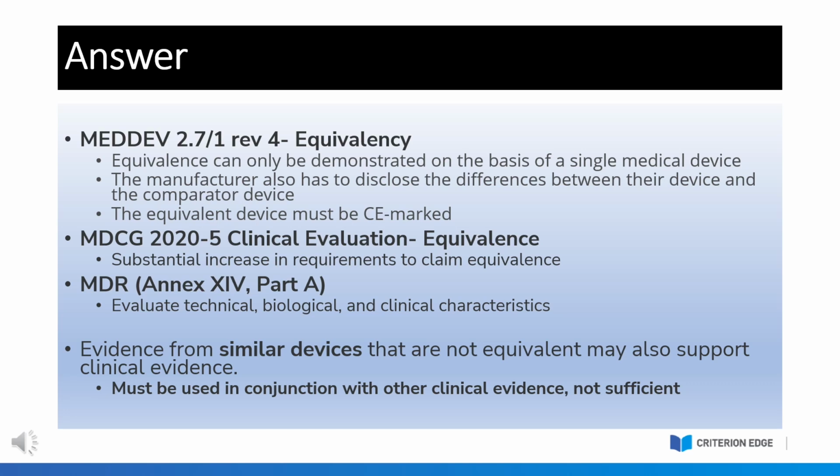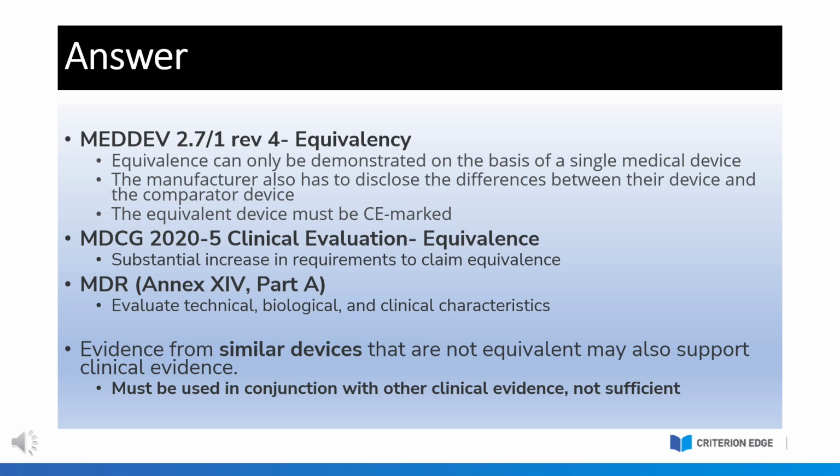MDCG 2020-5 does a great job of explaining the regulations and directives and how they refer to equivalence and how the equivalence requirements have changed and have really ramped up in recent years. What I have been hearing from notified bodies is that similar devices are the way to go. If you have any clinical data for your device, for your software, use that in conjunction with clinical data from similar devices.